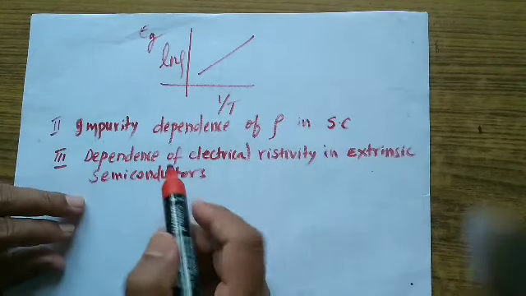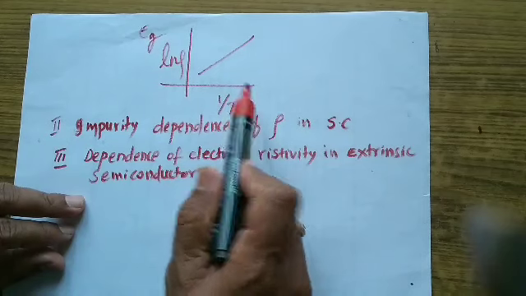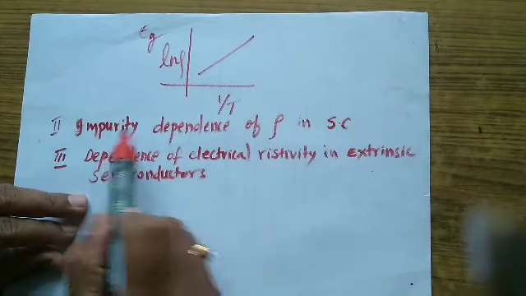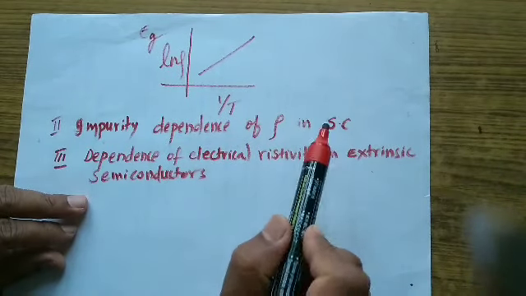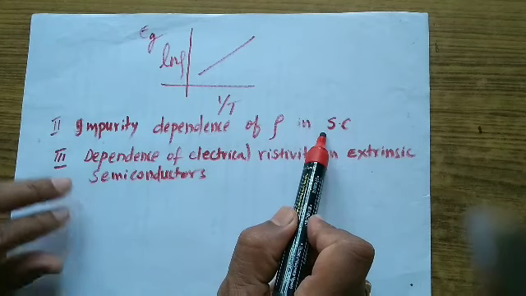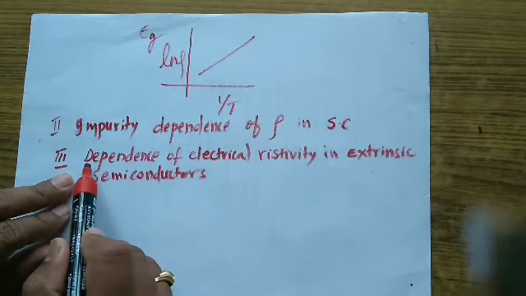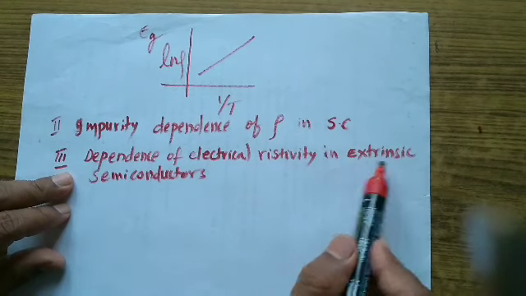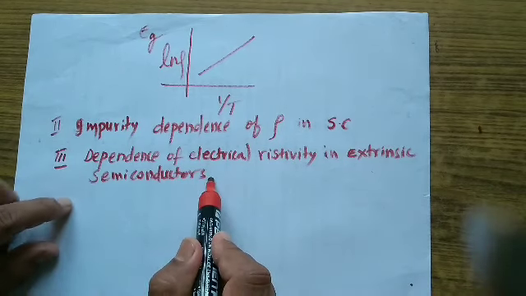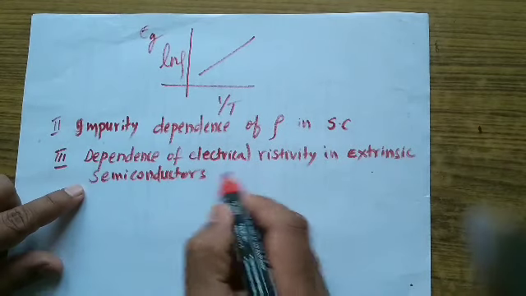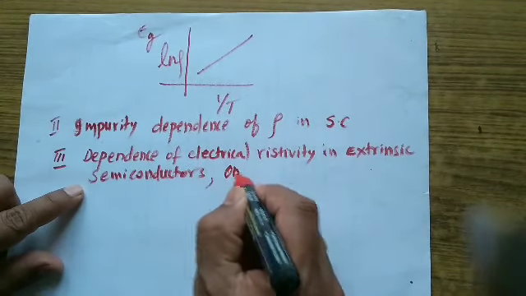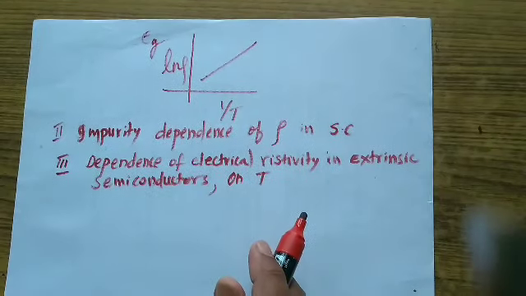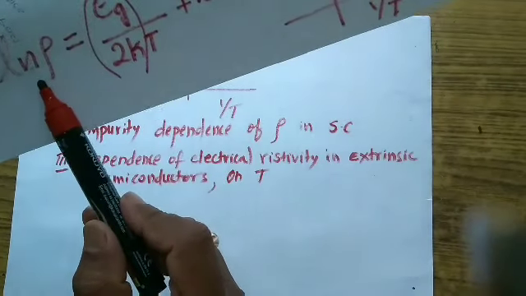We have discussed the temperature dependence of electrical resistivity in intrinsic semiconductors and the impurity dependence of electrical resistivity in extrinsic semiconductors. Now in the third part, let us look into the dependence of electrical resistivity on temperature in the same extrinsic semiconductors. We have already understood the relation between resistivity and temperature.